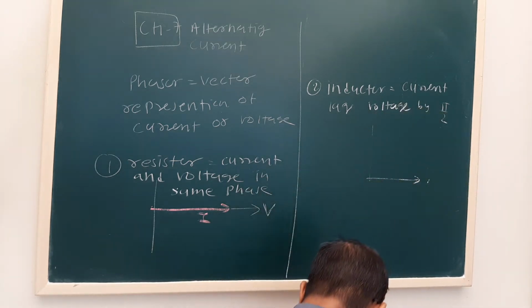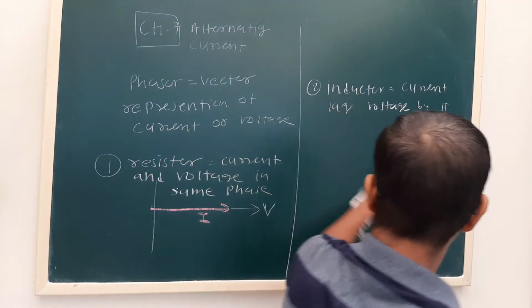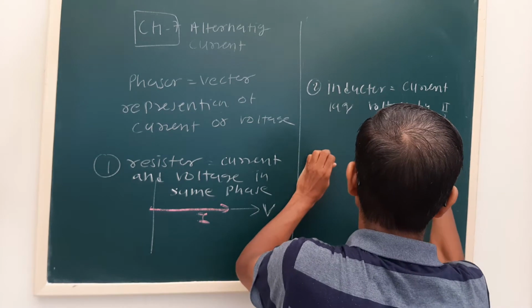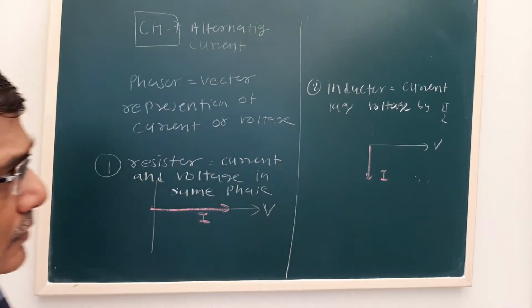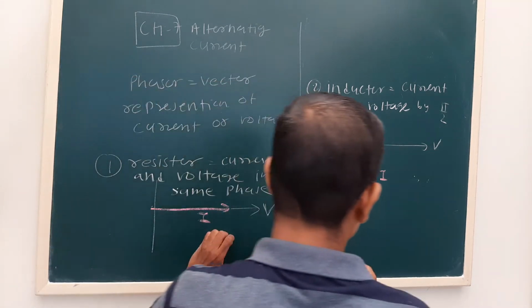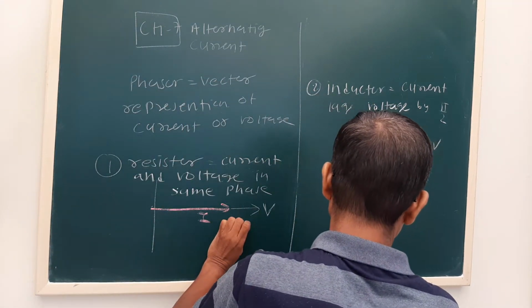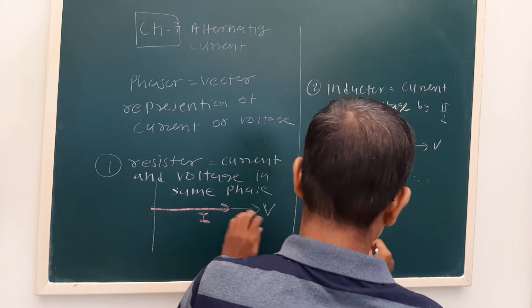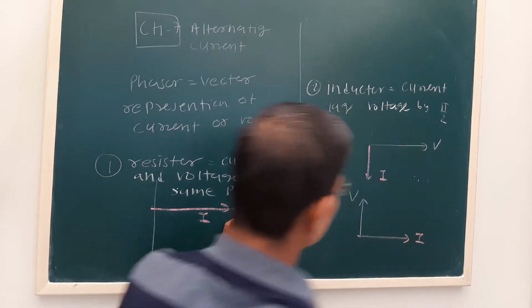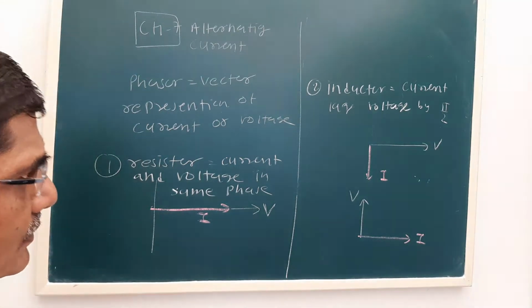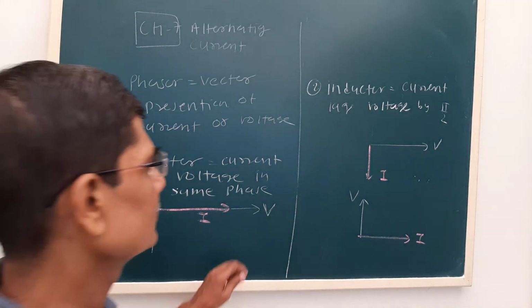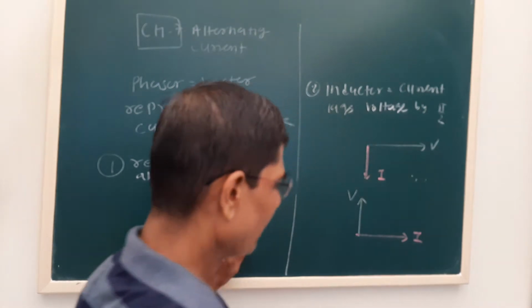We can see current is behind the voltage, or if I take this as a voltage phasor, the current phasor will be like this. So in AC circuit with only inductor, current lags voltage by pi by 2.